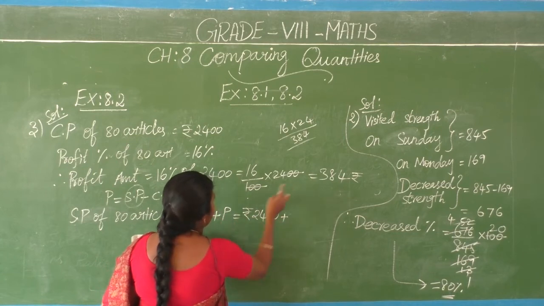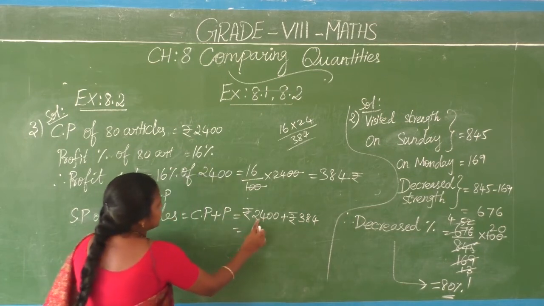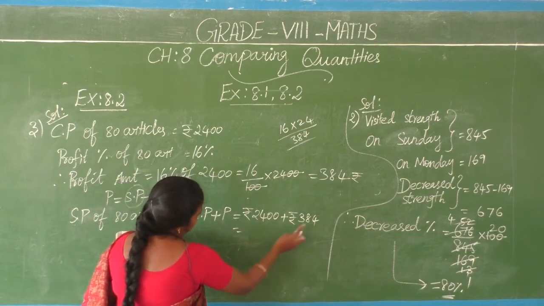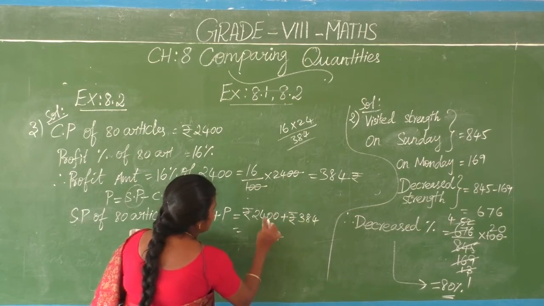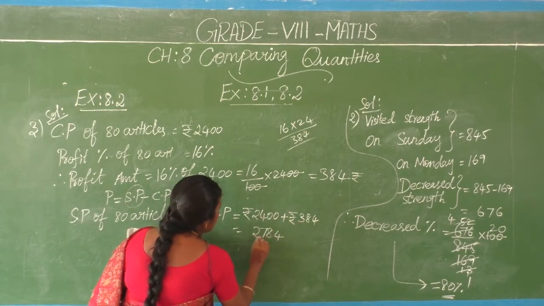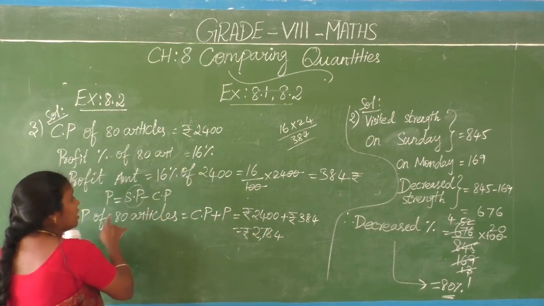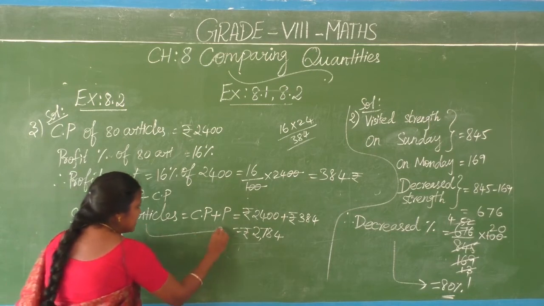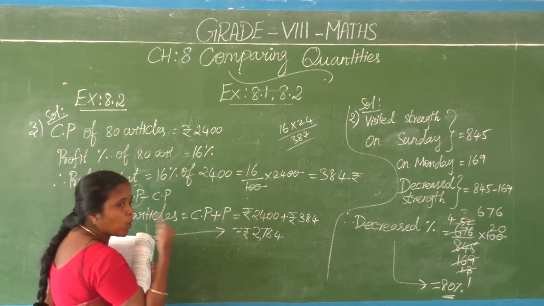Plus profit, just now we found, 384. Add 2400 plus 384. 0 plus 4, 4. 0 plus 8, 8. 4 plus 3, 7, 2. 2784 is the SP of 80 articles. Is this needed? No, they are asking us to find the SP of one article.